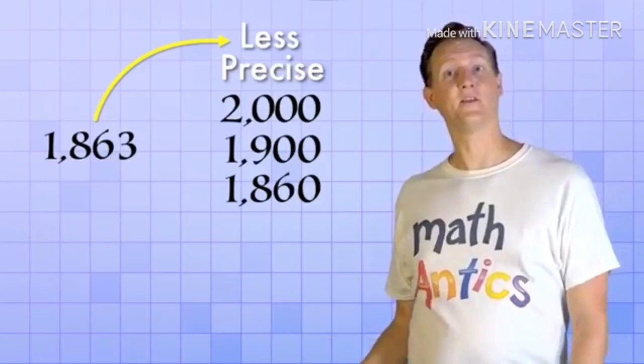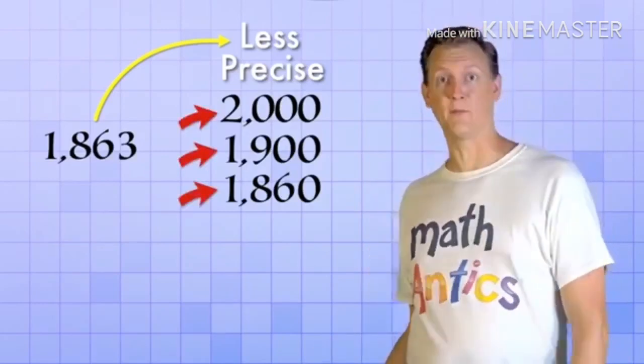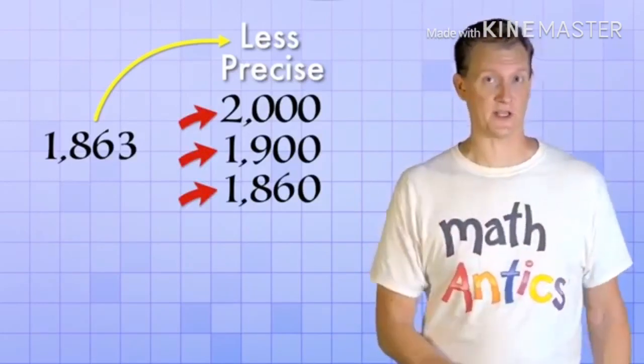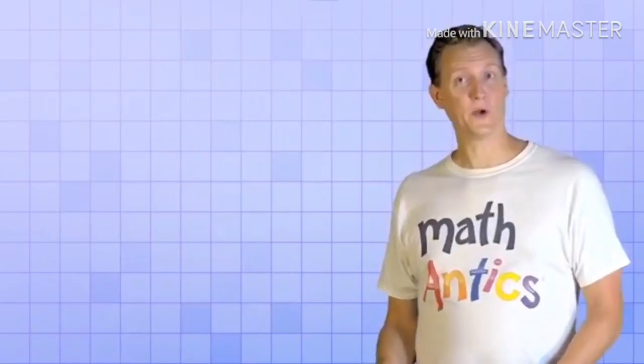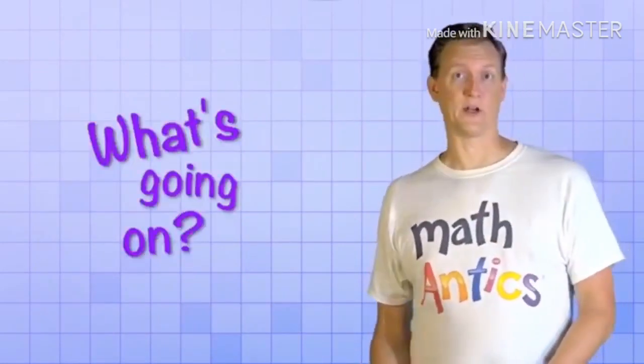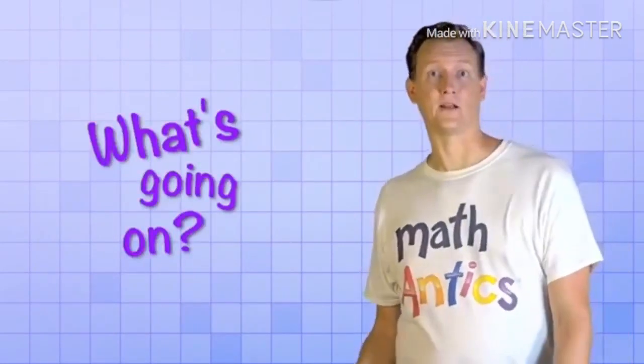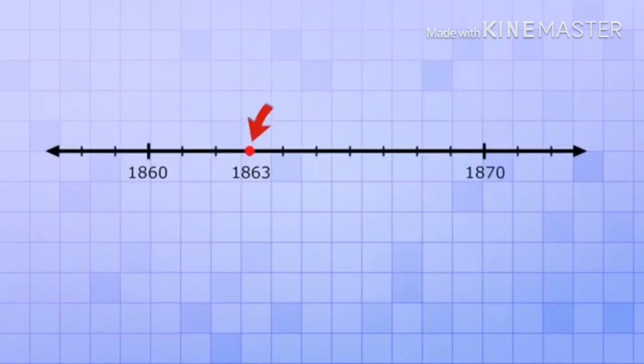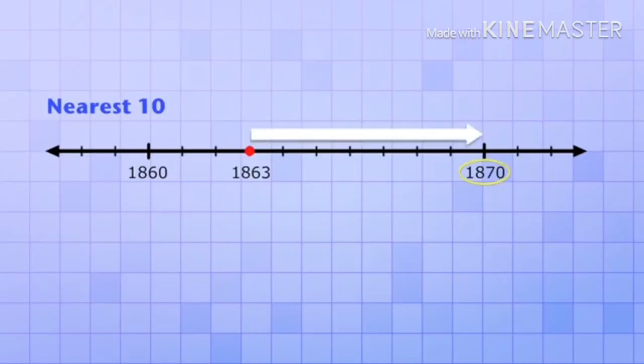And as you can see, there's usually multiple ways to round a number depending on the level of precision that you need. A really good way to understand what's going on when you round a number is to look at a number line. Here's 1,863. If we want to round it to the nearest 10, we need to decide if it goes up to 1,870 or down to 1,860.